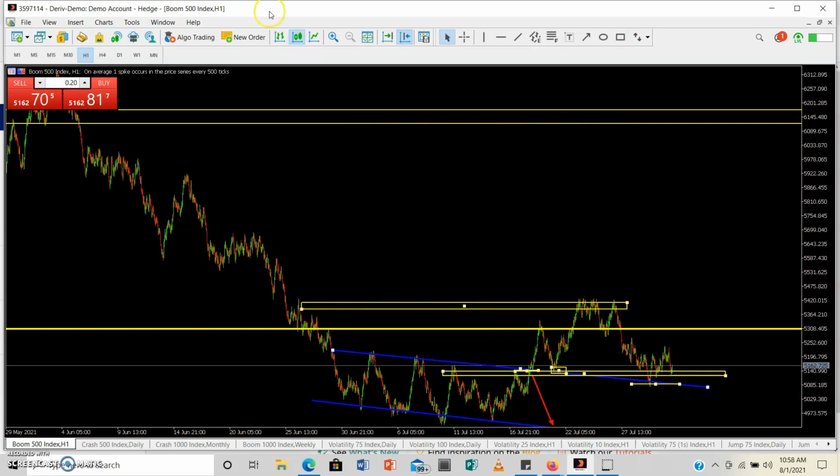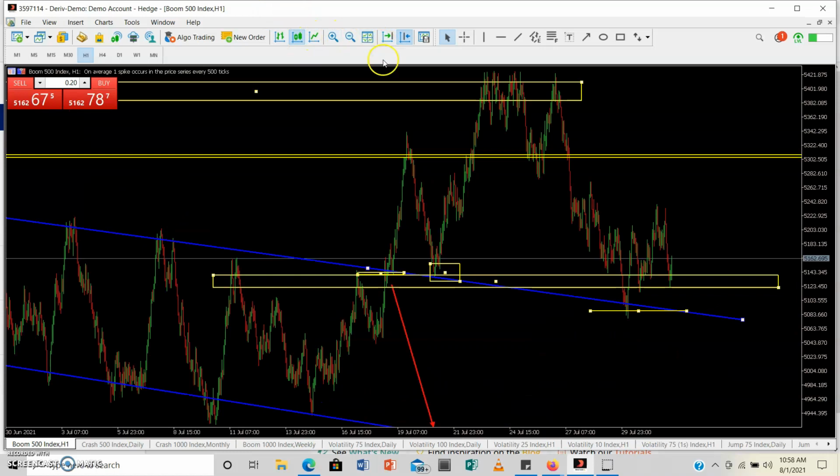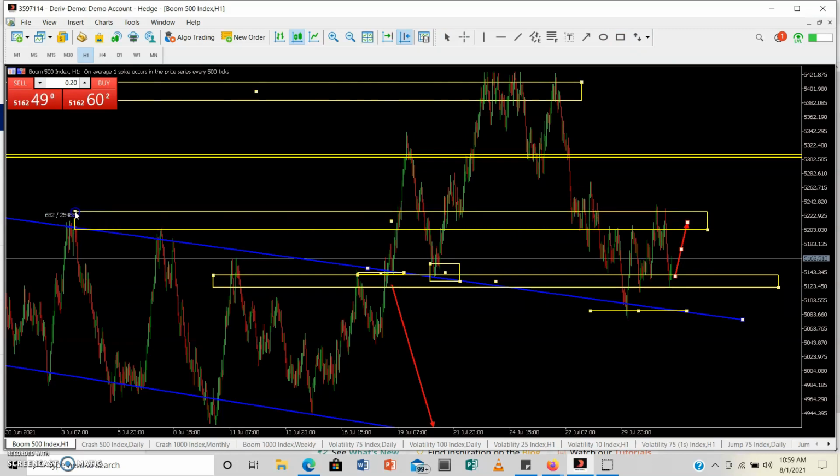So for this week's analysis, I'm going to zoom in a little bit and see more clearly. With this week's analysis, I'm predicting that we're going to bounce from our support zone to this minor support level right there, as you can see, to this minor support level, right?